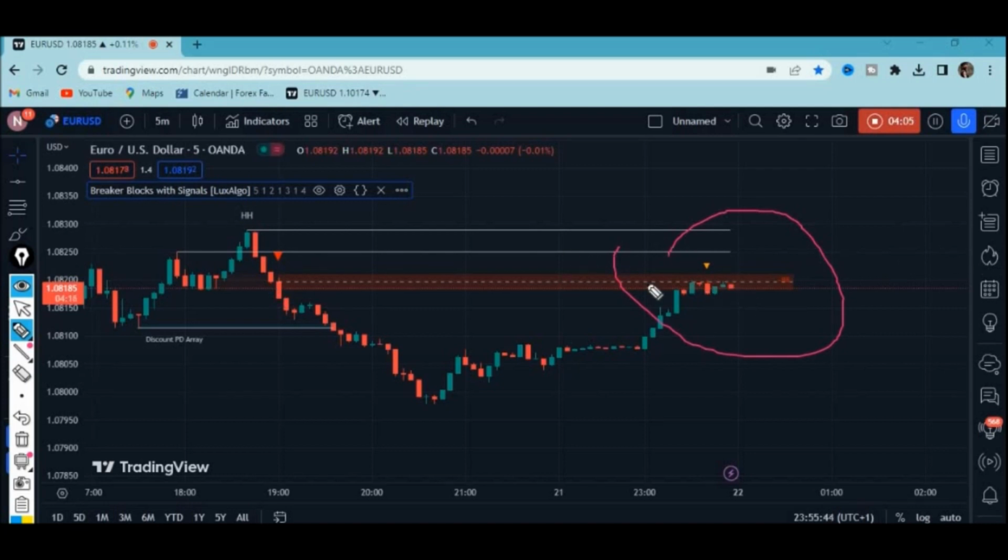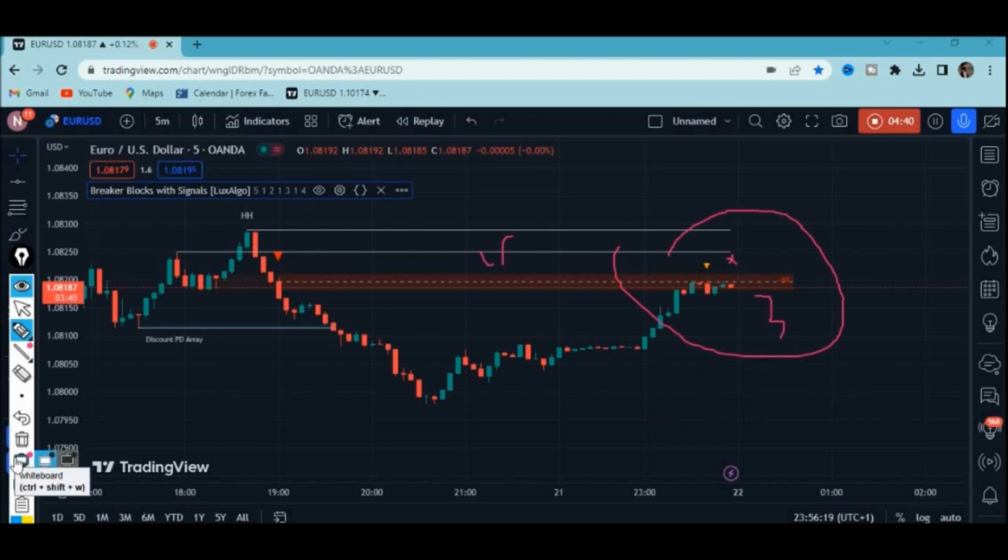Because the candlestick didn't close above the 50% level. I think LuxAlgo did not really pay attention to where candlesticks close, because the candlestick closed below the 50% level, which is highlighted with a dashed line in white color. You can see it right here. This bullish candlestick pattern did not close above, instead it closed below, and let's wait and see whether the market will respect the validity of this signal over here.